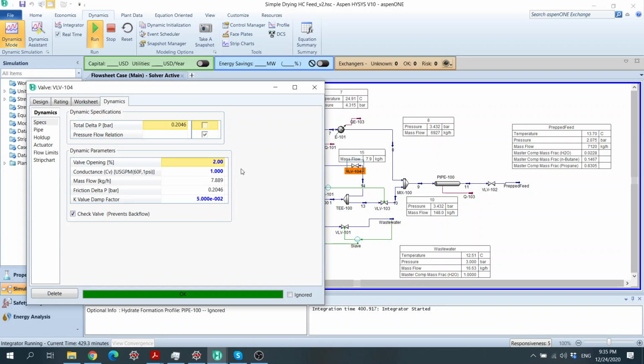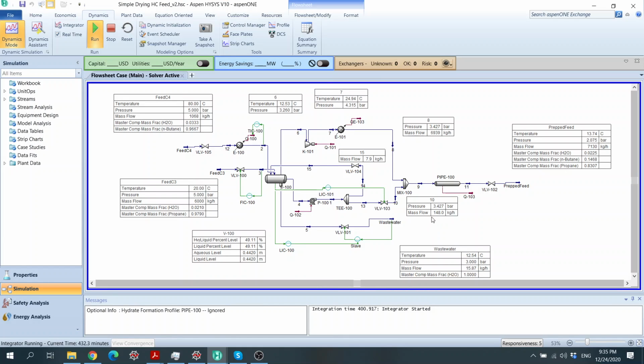That creates a minimum flow of about 7 to 8, and the actual flow is around 145 or something, flowing to the main product. That's the only thing I changed.